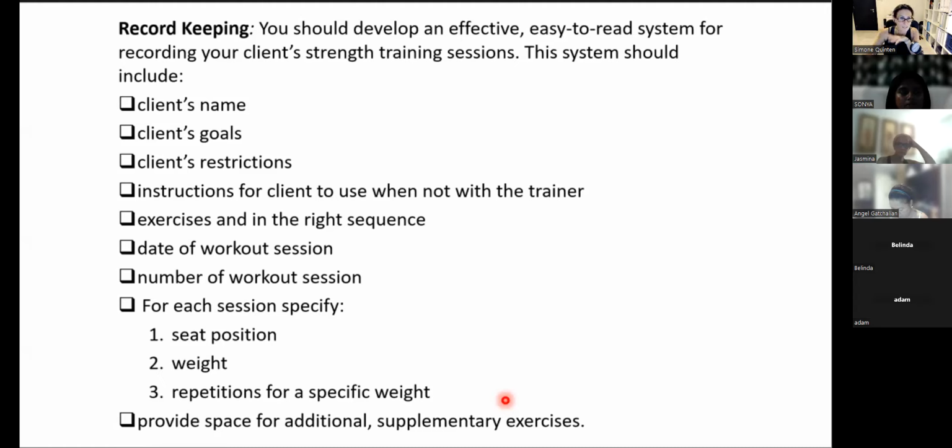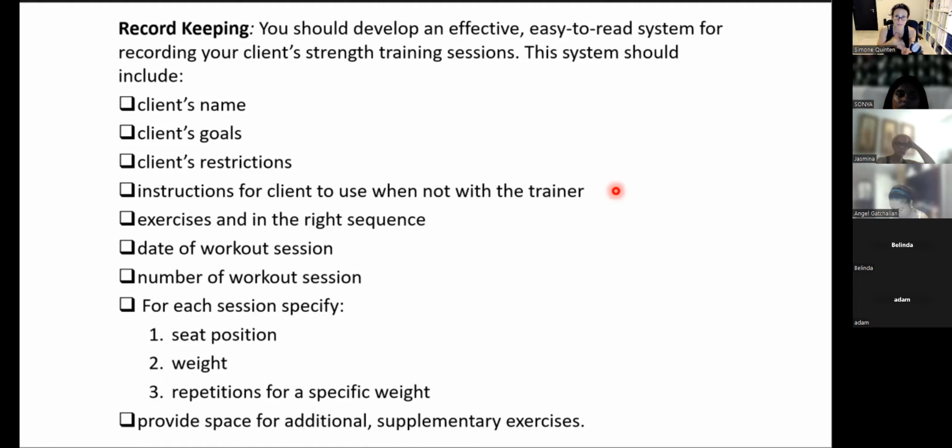So what you need to write: obviously the name, goal, restrictions. Then instructions for the client to use when they are not with a trainer. That means when you are writing the program, you write down, okay, careful, just make sure that your seat is set like this and this, because some gyms allow, or your trainer doesn't see you every time.